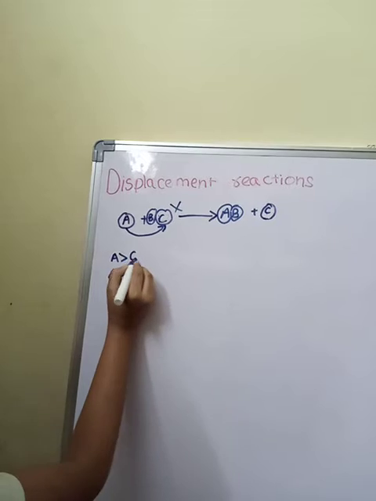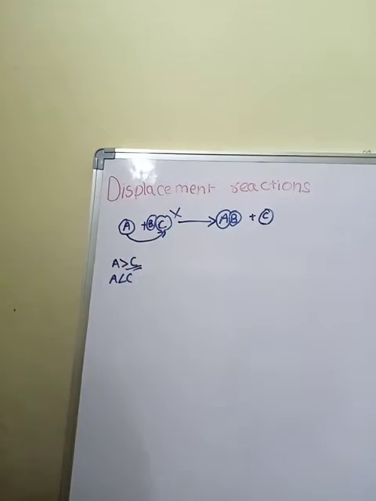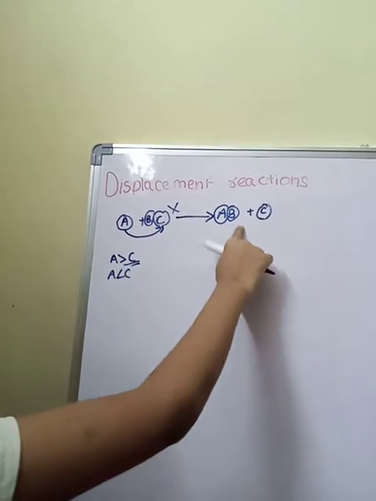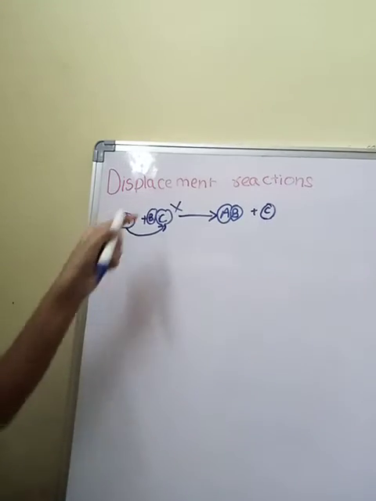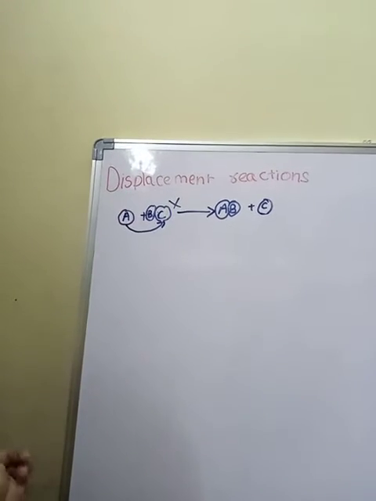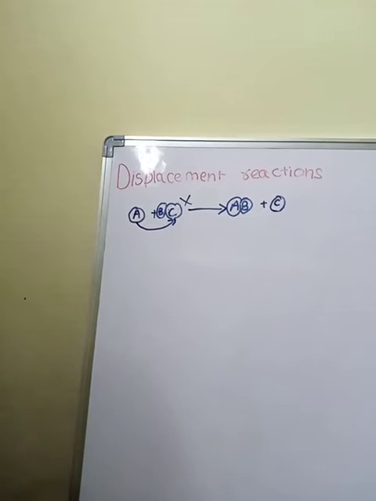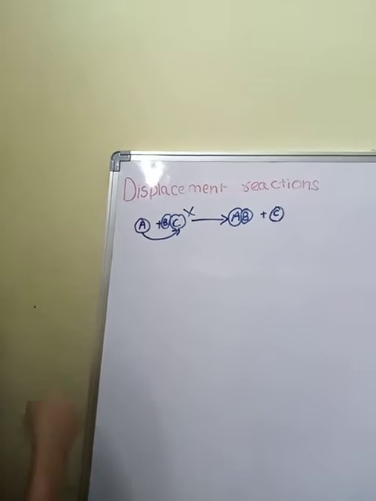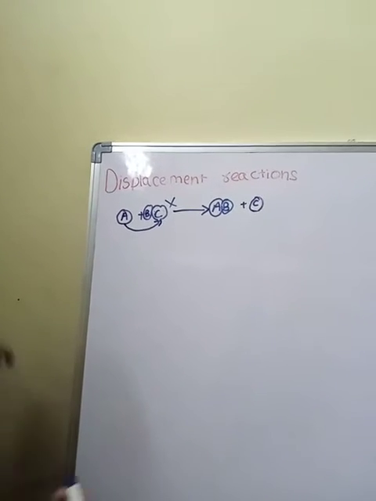If it is more reactive than C, then it displaces C from BC and forms AB. This is called a displacement reaction. In a displacement reaction, a more reactive metal or a more reactive element displaces a less reactive element to form a new compound.